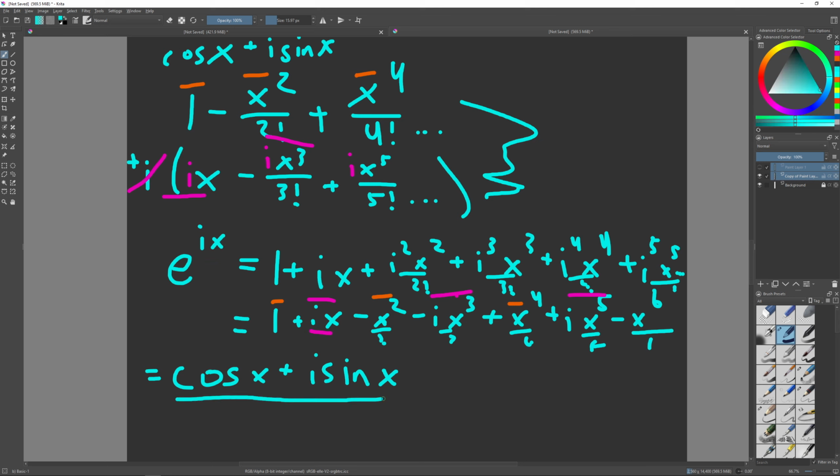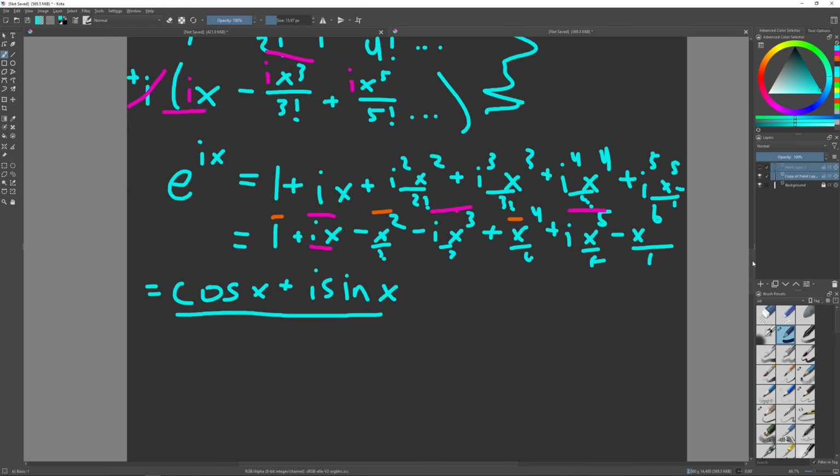So what this means is, before we saw that you can represent any complex number in this form. So what we're seeing, well, this is a complex number where r equals 1, where the modulus is 1, right?